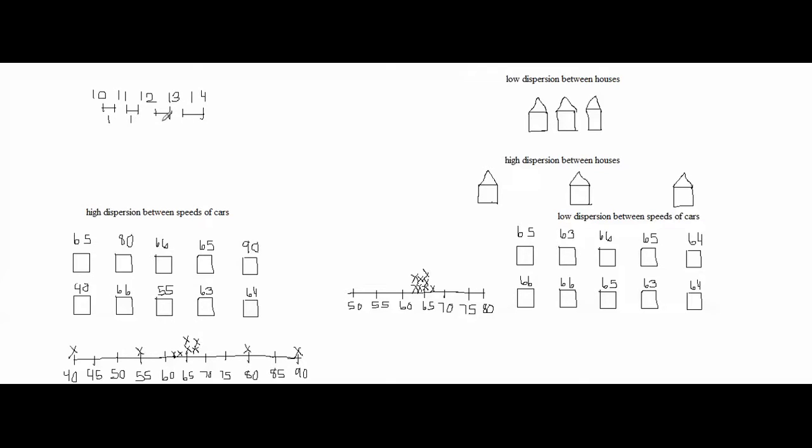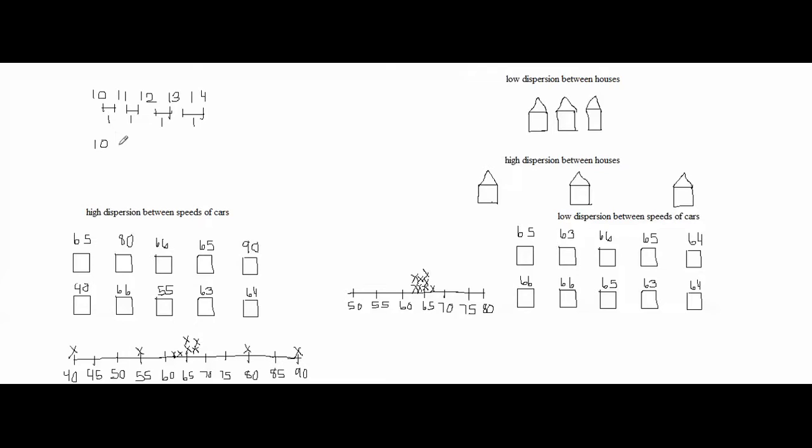So this is a gap of 1, this is a gap of 1, and this is a gap of 1, or a distance of 1. If we take one of these gaps and make it bigger, our spread will go up. So let's take this gap of 1 right here and make it a gap of 2.